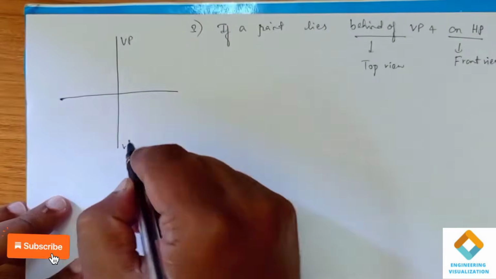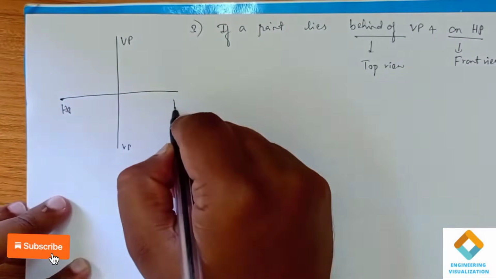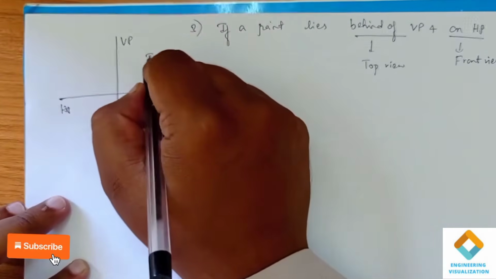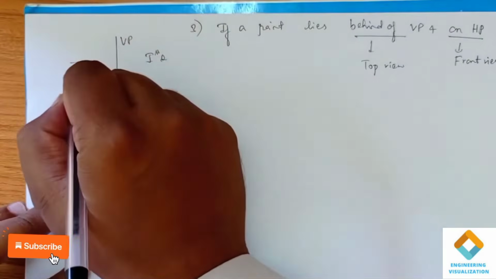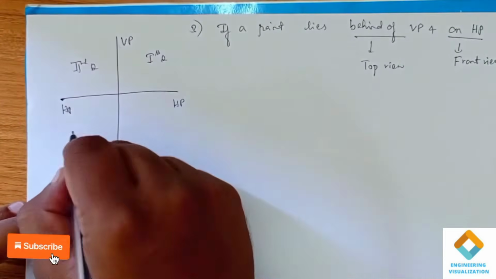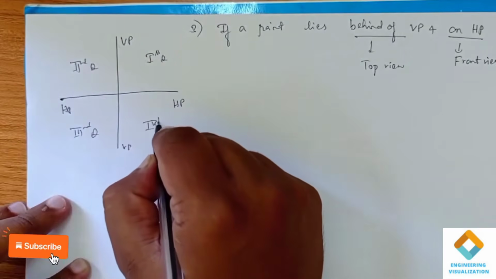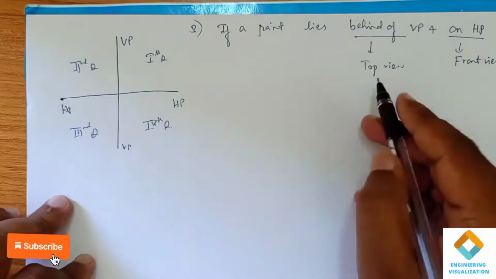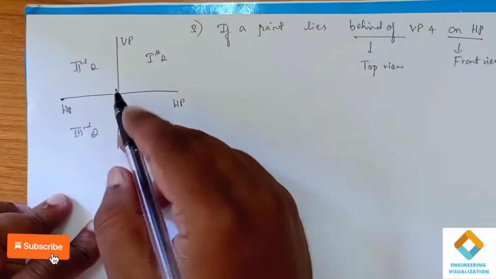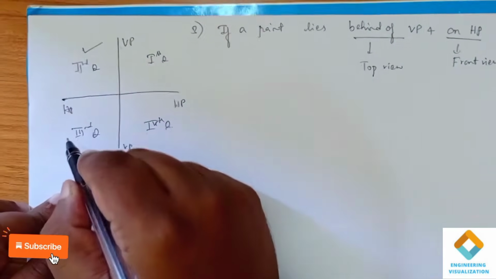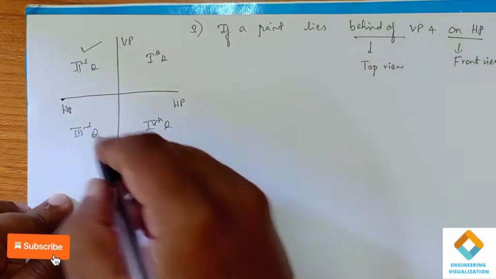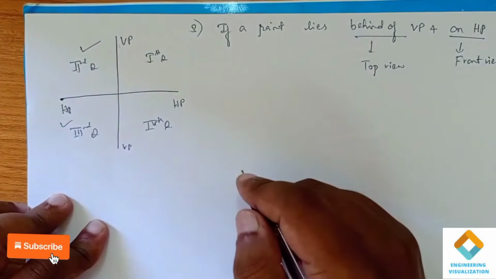Vertical plane. This is horizontal plane. This is our first quadrant, second quadrant, third quadrant, and fourth quadrant. So top view behind of VP means there are two chances. The top view may lie in second and third quadrant.